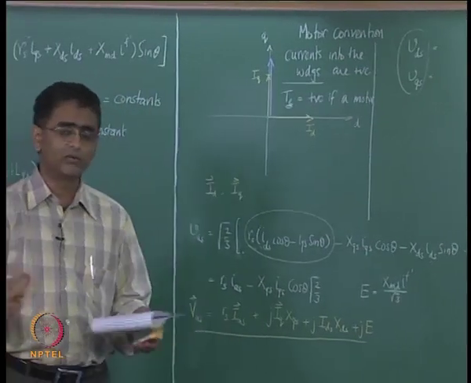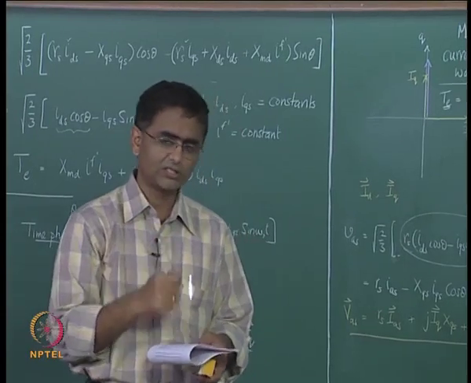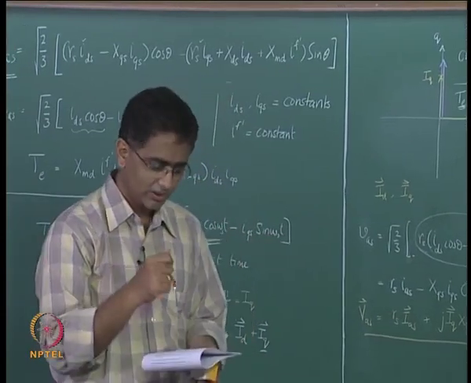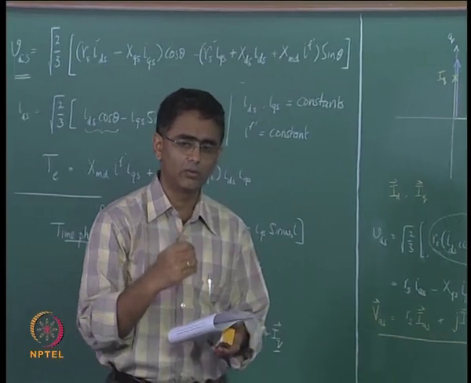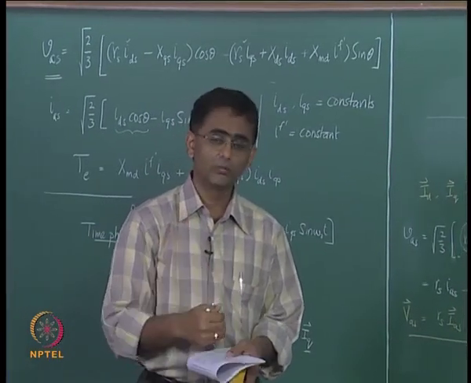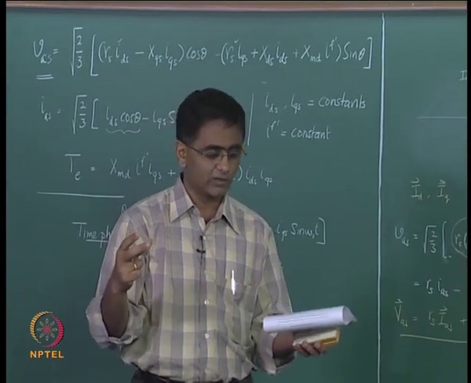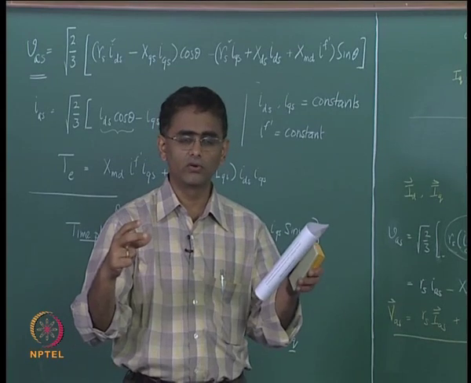Now imagine a situation where the synchronous machine has just been synchronized to the grid. You know that when you want to synchronize a machine to the grid, it can be done only if the voltages induced in the synchronous machine are equal to the grid voltage.